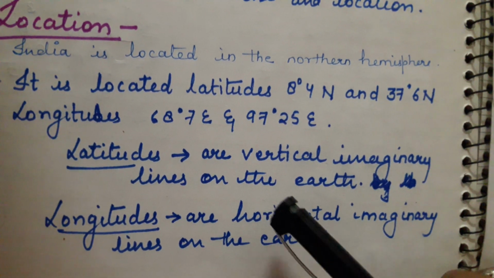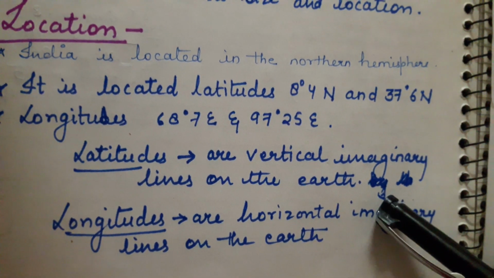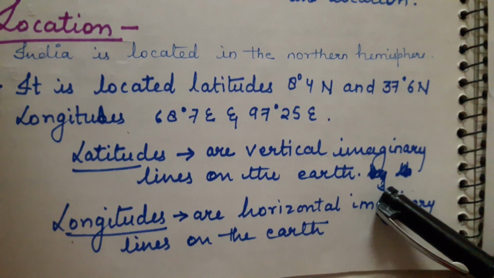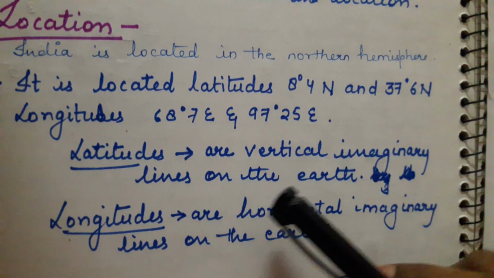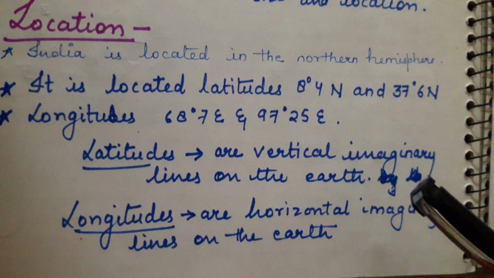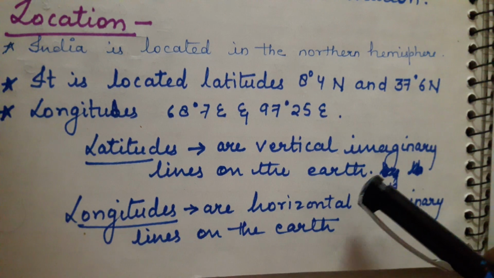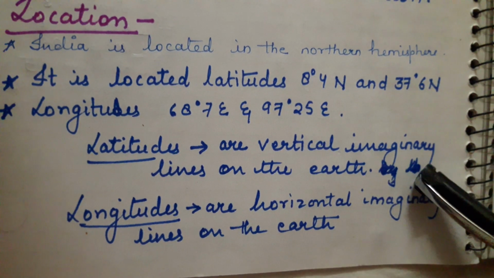Latitudes are imaginary lines on the earth. In class 2nd, you already learned about latitudes. These are not definite or defined lines on the earth; they are only imaginary lines.